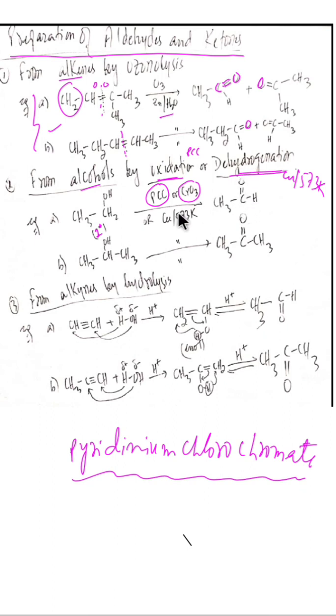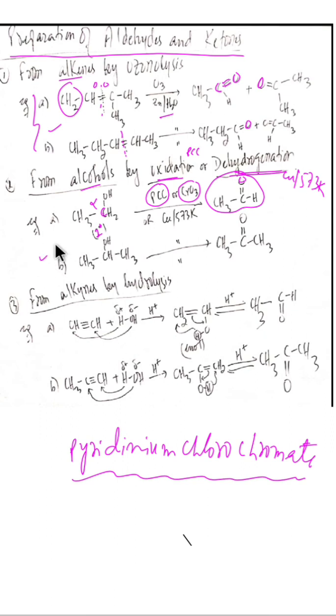So one hydrogen is to be removed from this alpha carbon atom. This carbon atom to which OH is attached is the alpha carbon atom, and the hydrogen of OH is to be removed, and there will be a double bond between carbon and oxygen to form this aldehyde. This is ethanol and this is ethanal. So oxidation is a removal of hydrogen. That change is occurring here.